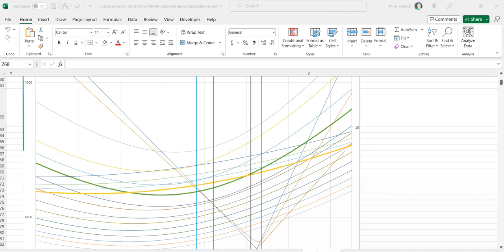But on our crystal ball chart, we see that there's the 17.